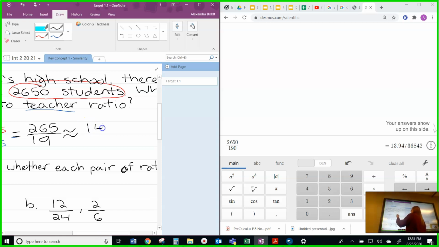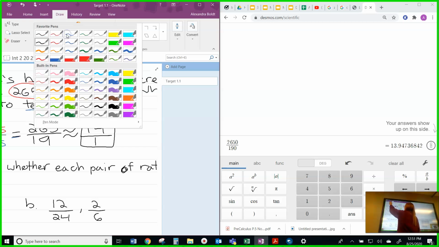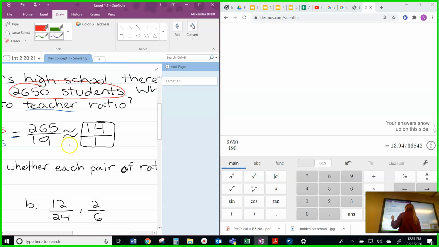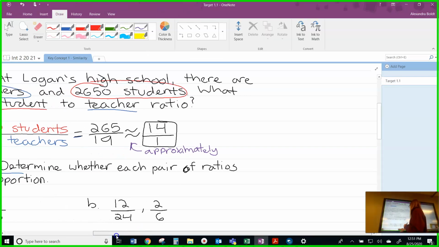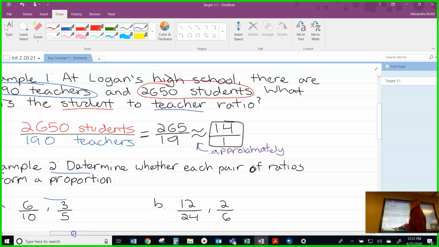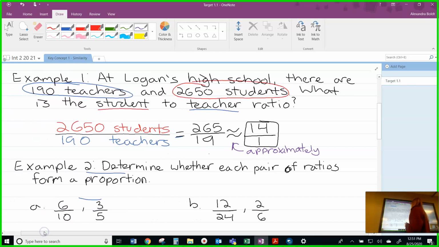So it's approximately 14 to 1. That squiggly line means approximately.